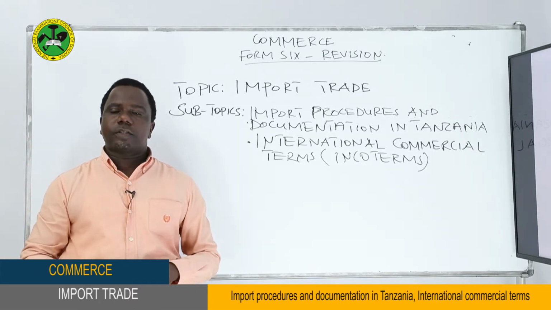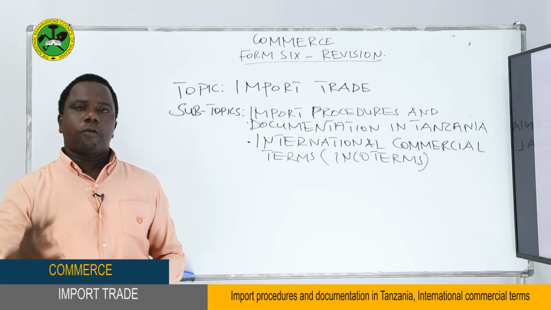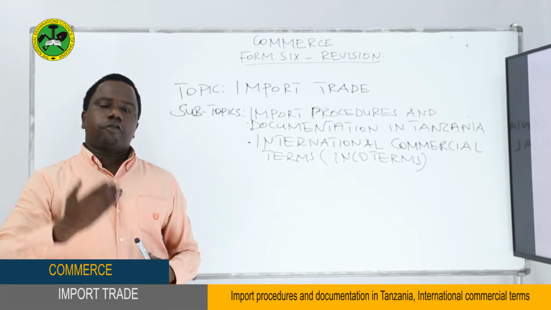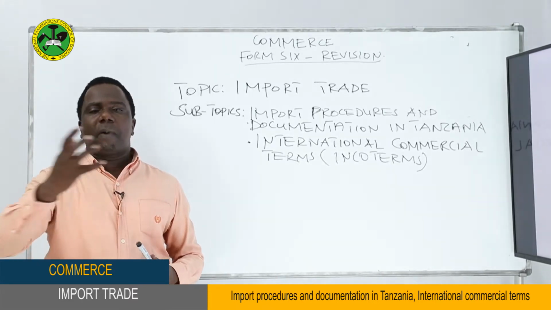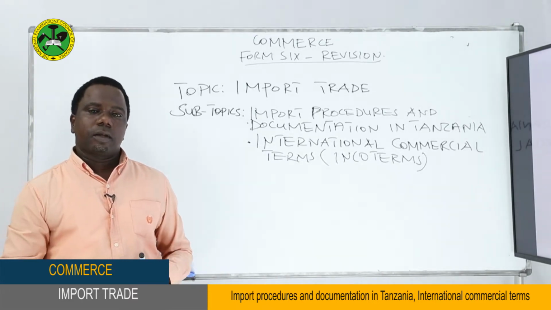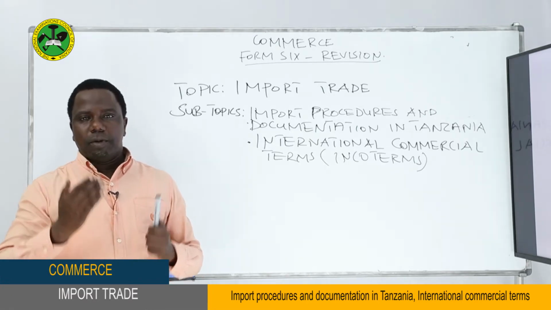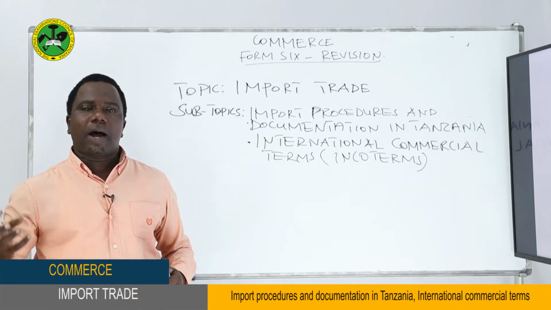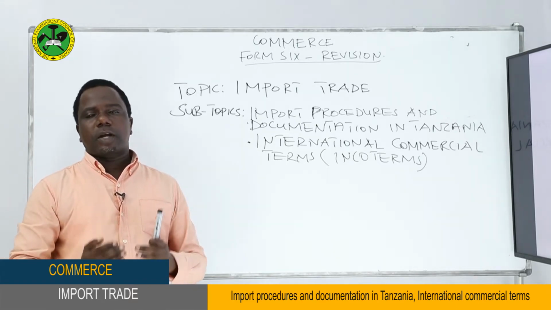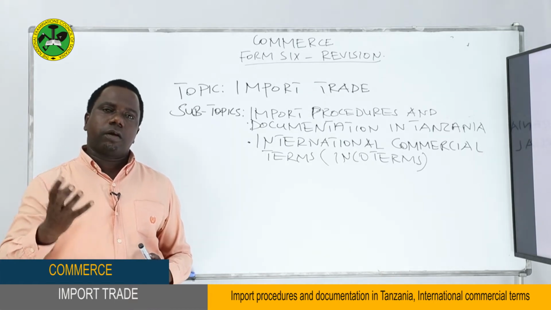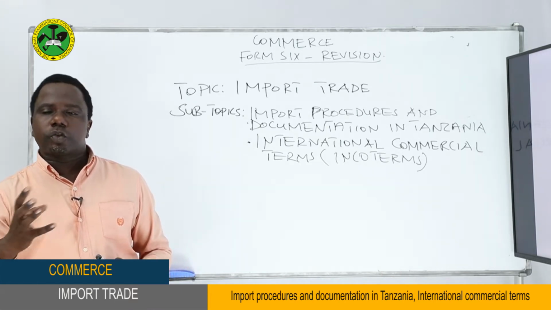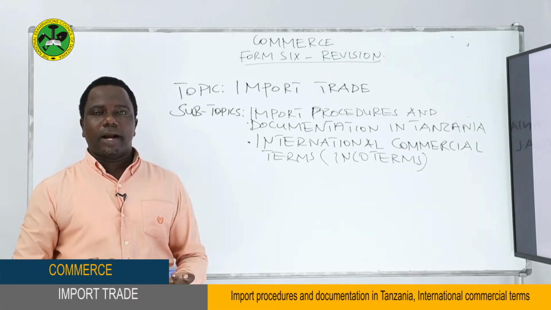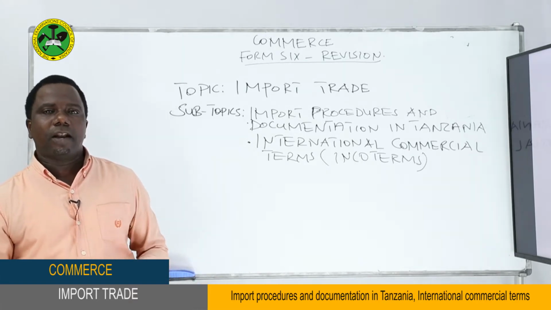So import trade is the buying from other countries. A country may need to buy from other countries, as a country cannot be self-sufficient. A country needs to buy from other countries because countries differ in terms of technology, in terms of resources, and in terms of skills.